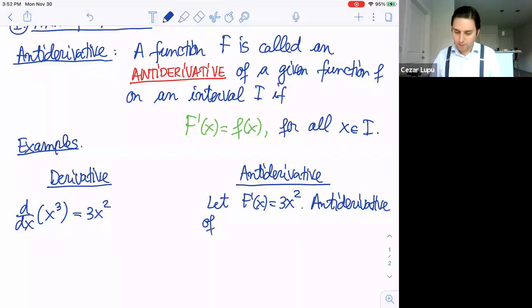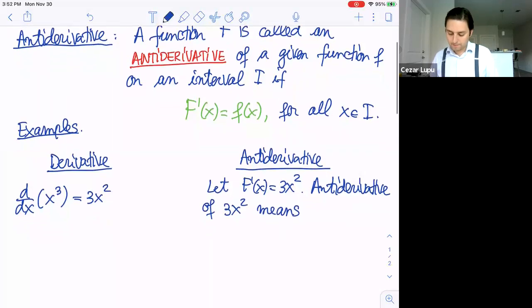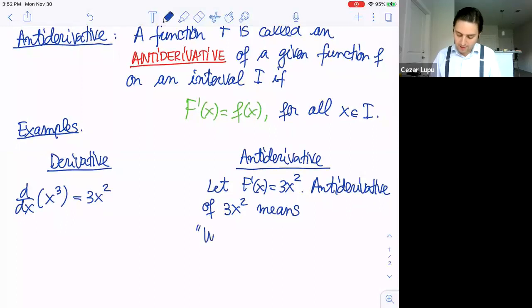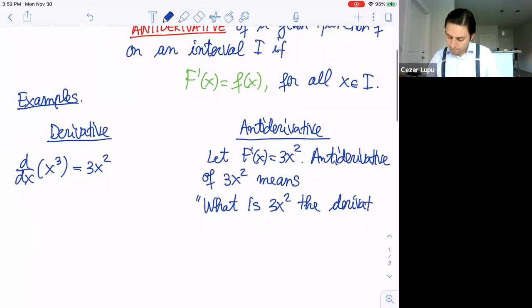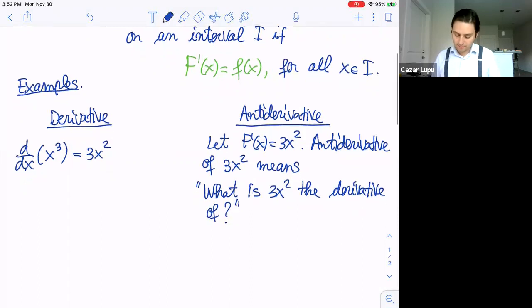I'm going to write this question like this: what is 3x squared the derivative of?